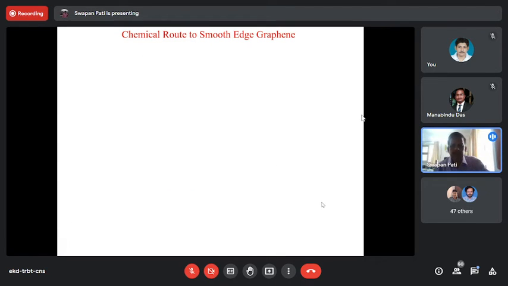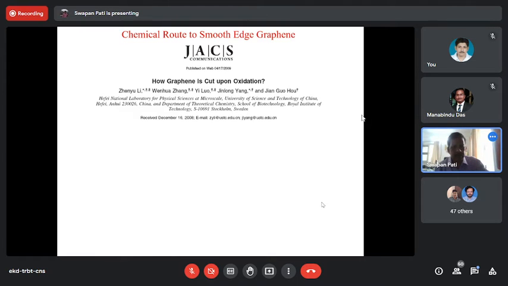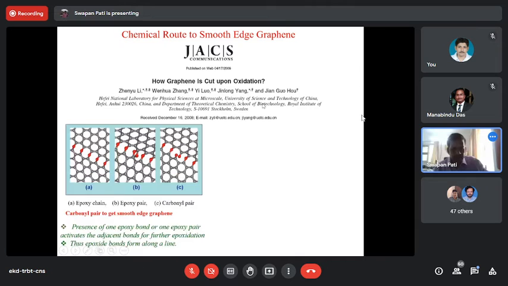Chemical route to smooth-edged graphene. For example, how graphene is cut upon oxidation. There was a theory paper which said that if you try to put a carbonyl pair in between the bond in a CO group, the presence of one epoxy bond or one epoxy pair activates the adjacent bonds for further epoxidation.